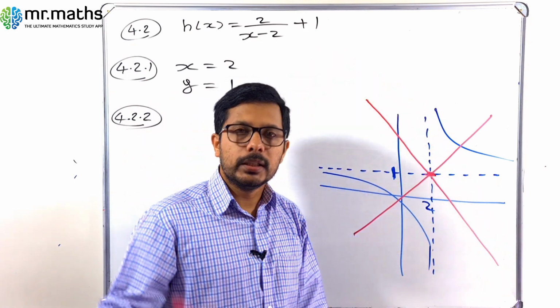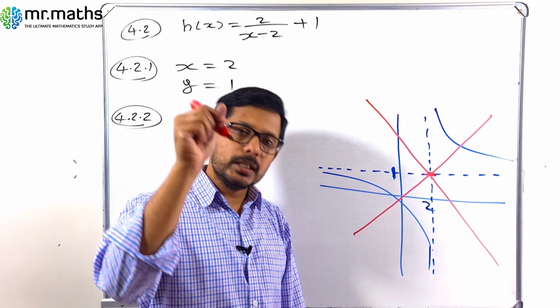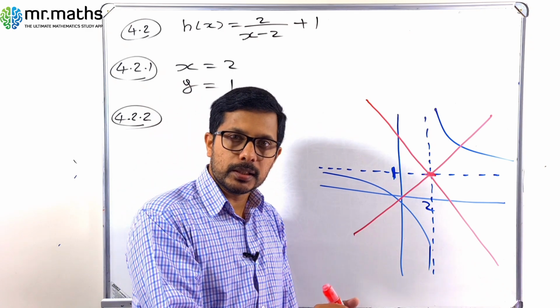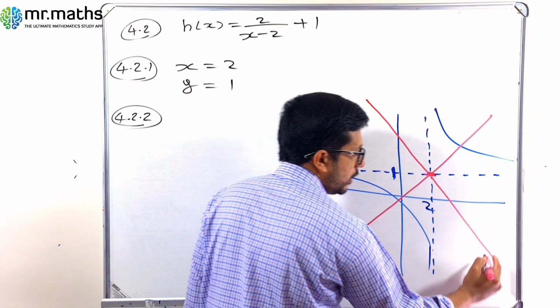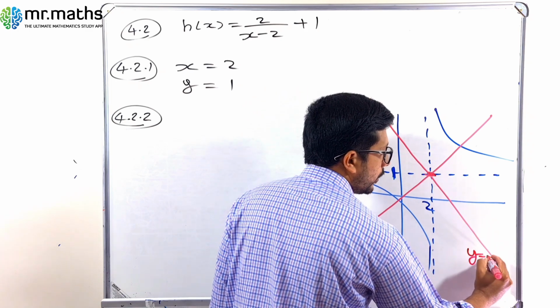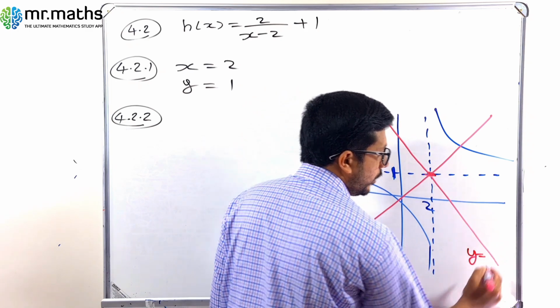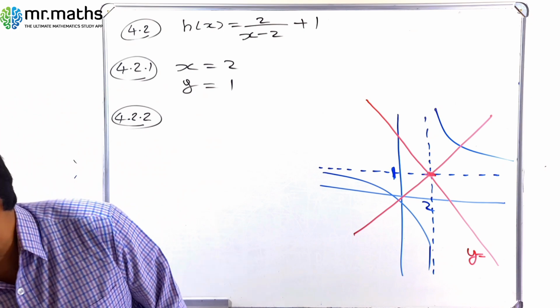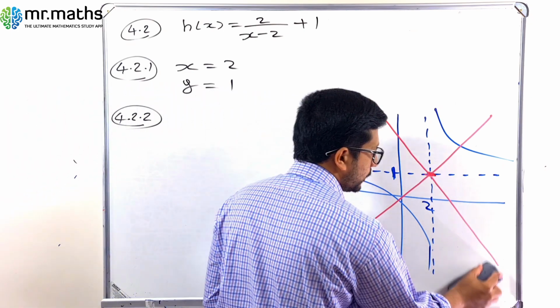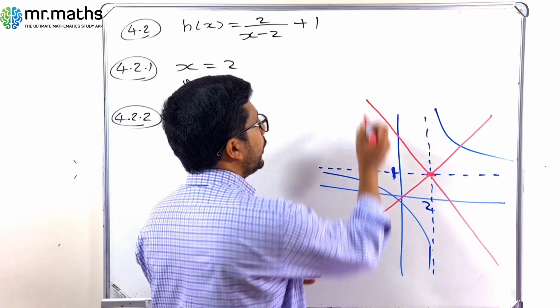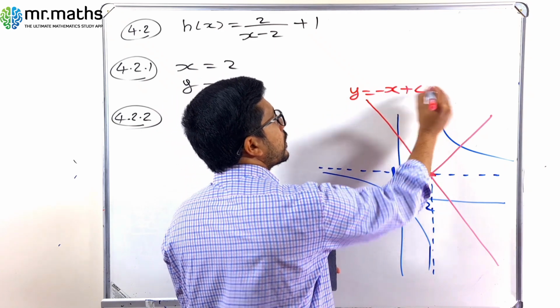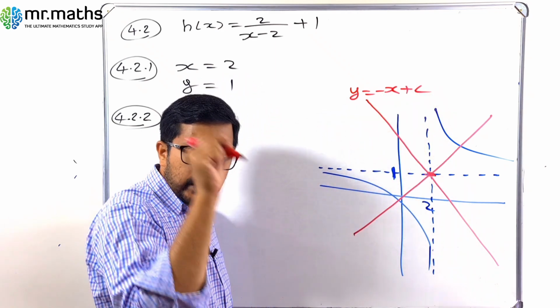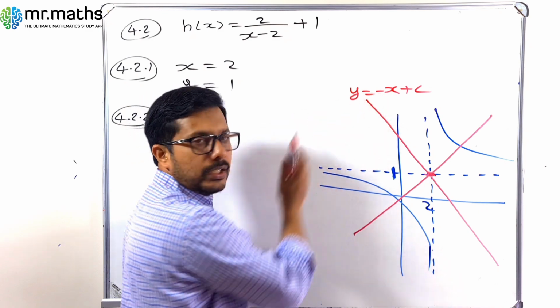When a straight line is decreasing, the gradient is negative. So this axis of symmetry has a negative gradient, and we can write the equation generally as y is equal to minus x plus c, because the gradient is negative.